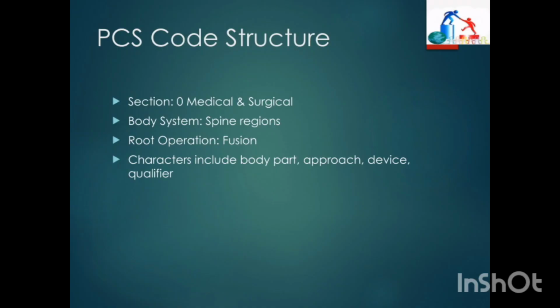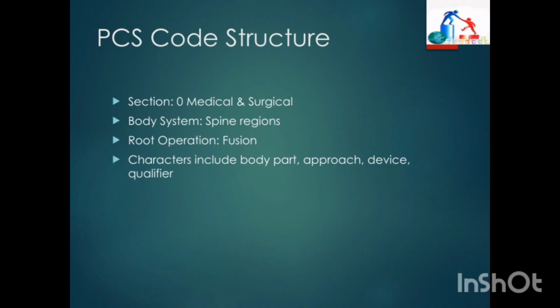It's important to understand that the characters involved in coding these procedures include the body part, which in this case is the spine or specific vertebrae, the approach used to reach the site, whether it's anterior, posterior, or lateral, the device involved, such as screws or cages, and any qualifiers that provide additional details about the procedure.